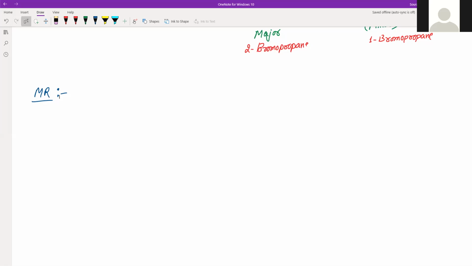Now, unsymmetrical reagents means reagents like these derivatives, HX. It can be even H2O, which is also asymmetrical, and even HOX. So these are the unsymmetrical derivatives or reagents.